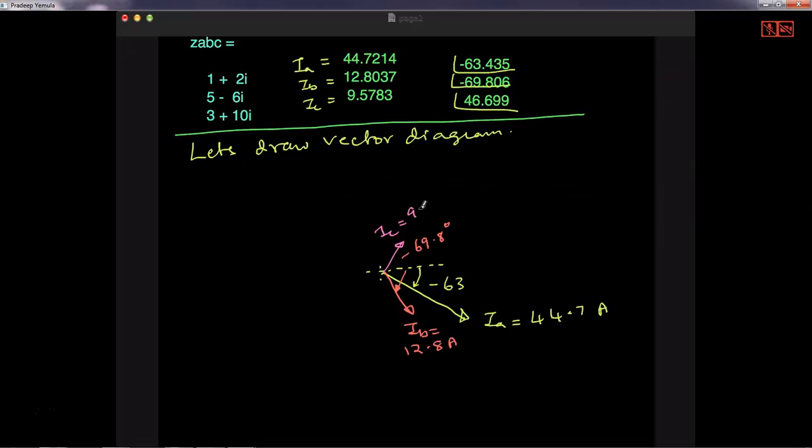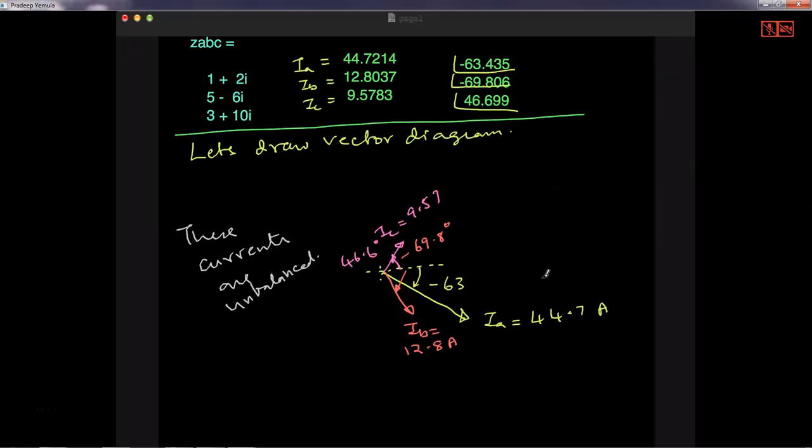IC equal to 9.57 and this angle is 46.6 degrees. So these currents are unbalanced.